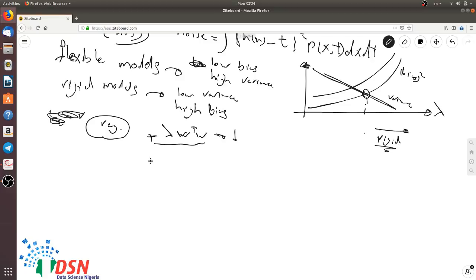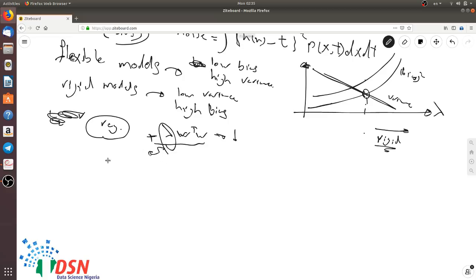Okay, but the point, as I mentioned, is that determining lambda is actually kind of hard, specifically when your model is really complex.